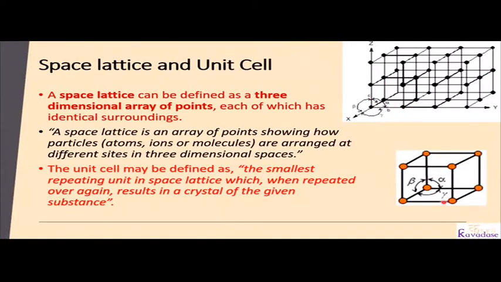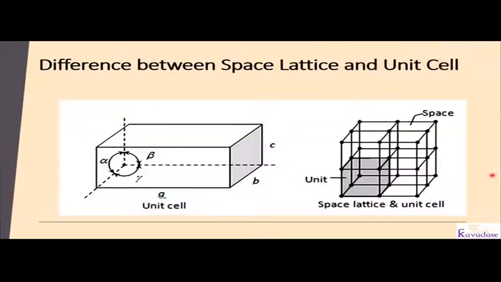So this is the unit cell, and these are alpha, beta, gamma. These are the angles. These are the lattice parameters, alpha, beta, gamma. And you can see this is L, M, and N, or A, B, and C. These are the lattice parameters.